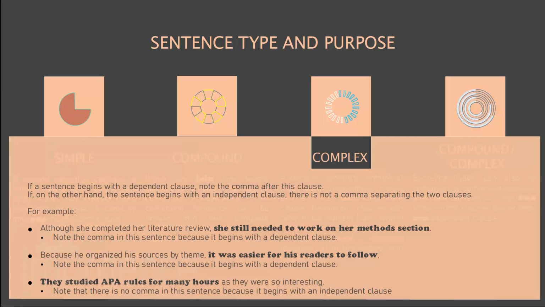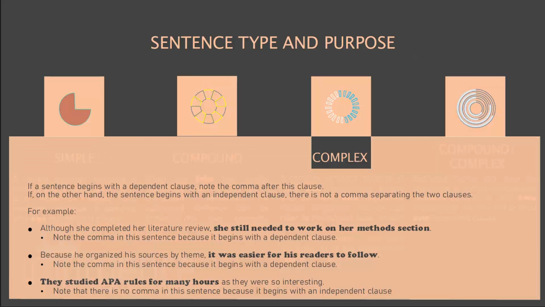If a sentence begins with the dependent clause, note the comma after this clause. If, on the other hand, the sentence begins with an independent clause, there is no comma separating the two clauses. With an example, we would be able to understand a little better: although she completed her literature review, she still needed to work on her methods section.